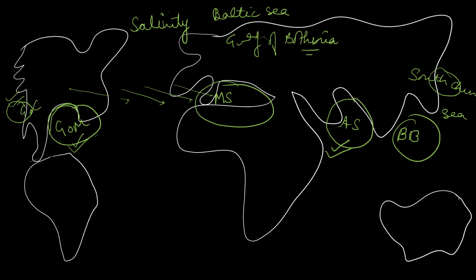Looking at this example, the Baltic Sea gets river water throughout the year, which is why its salinity is lesser than the Gulf of Bothnia. So these are the variations we can see.